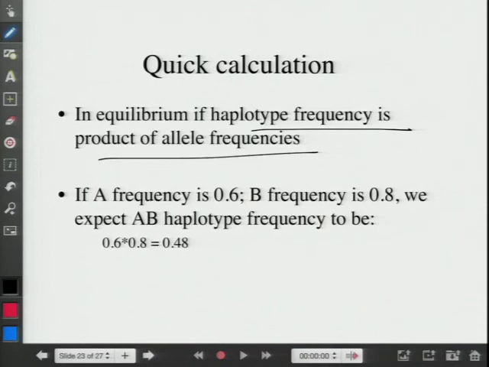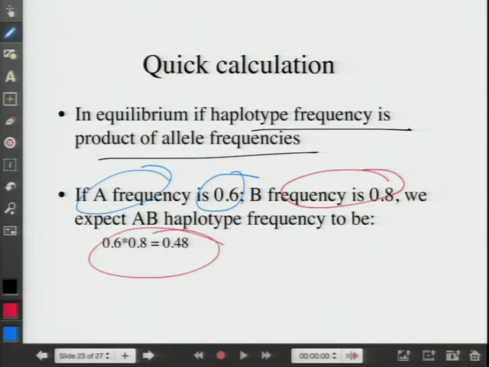As an example, if big A has a frequency of 0.6 and big B at a different locus has a frequency of 0.8, how often do you expect big A to occur with big B in the population as a whole? 0.48, right? If you measure them and they're anything other than 0.48, then they're in linkage disequilibrium.